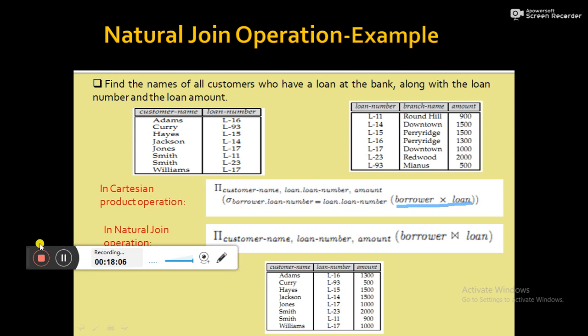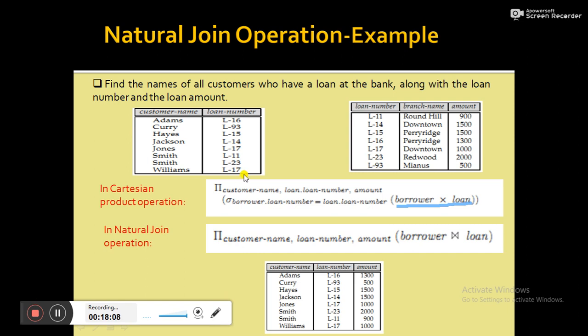Now the thing is that we can do the same job with the help of the natural join operation. As I have just mentioned earlier, the natural join operation is the combination of Cartesian product operation, means this one, and selection operation. So a natural join performs basically two operations, Cartesian product as well as selection.